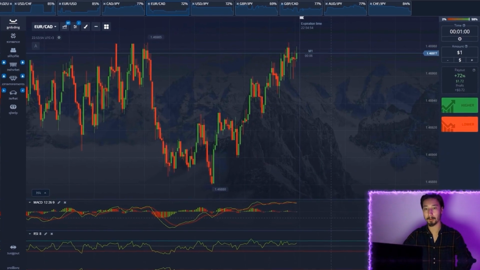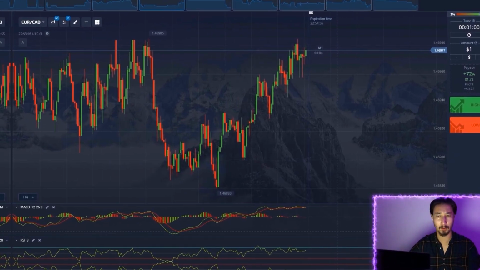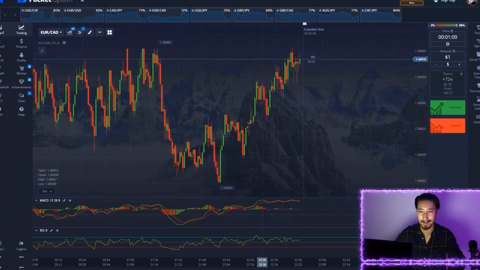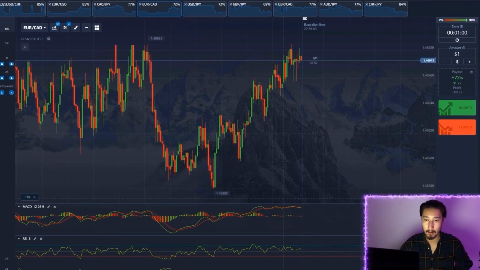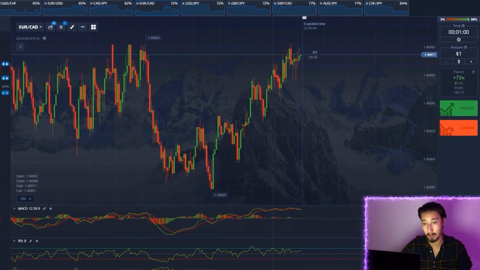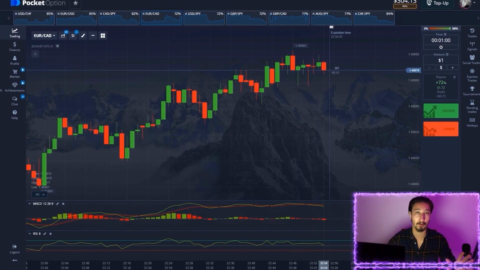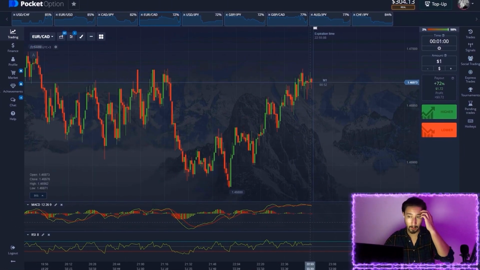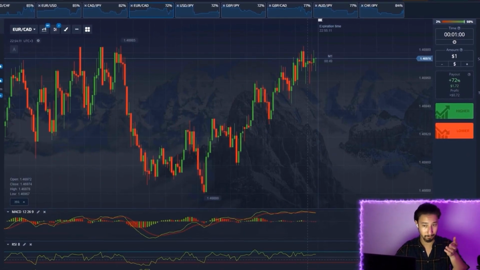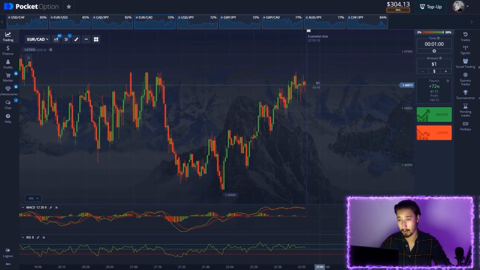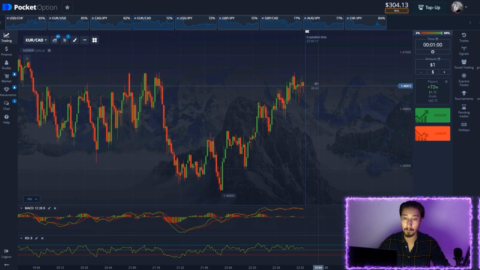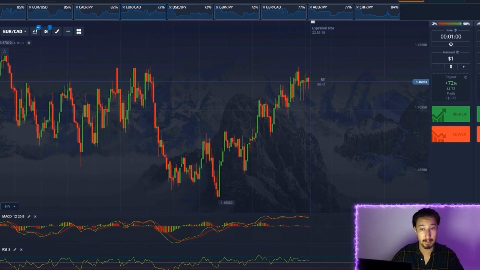All right, so you may ask me, how do we open positions? Easy, guys. As always, we're looking for the crossing of the moving averages on the MACD. Also pay attention to the line on the RSI when it touches the oversold or overbought zones, and also when the line crosses the level 50, it will show us the market sentiment.